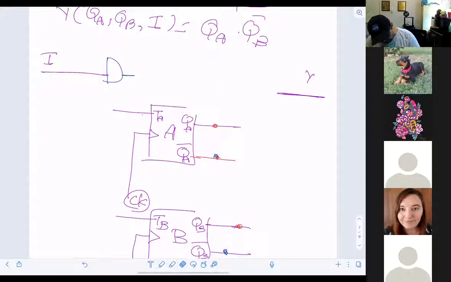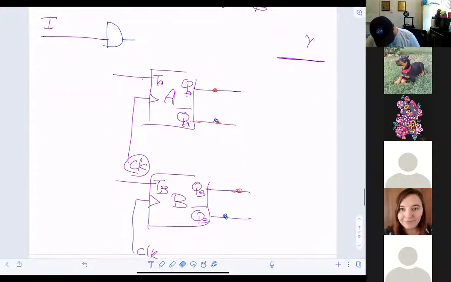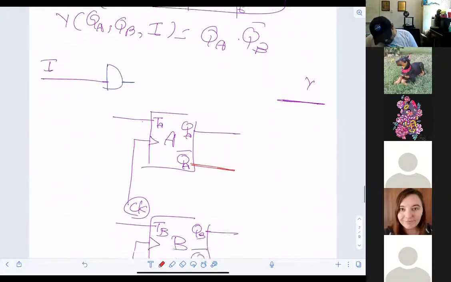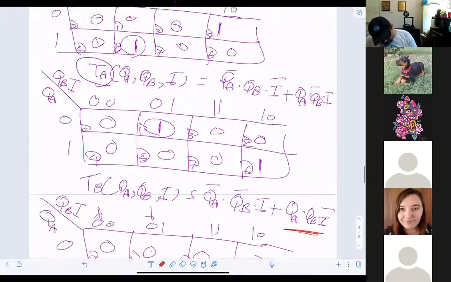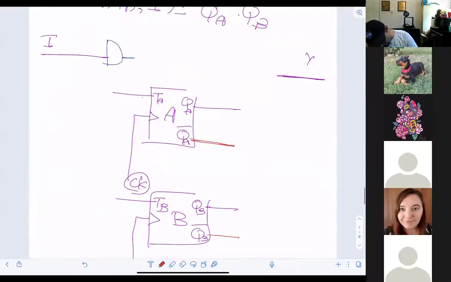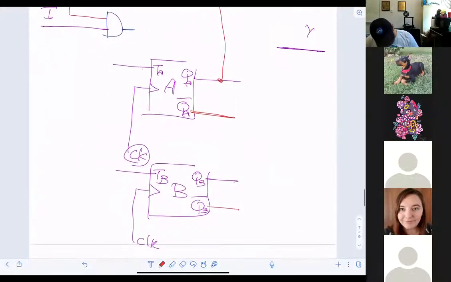It's just a matter of how to implement it in a nice way, I'll try to do it in a clean way. Either you just use QA and flip it, that's fine. But anyway, now we need to do it from scratch, right? So I have I associated with TA, right? So I have TA is QA complement with QB, right? So QA, right, with QB complement.